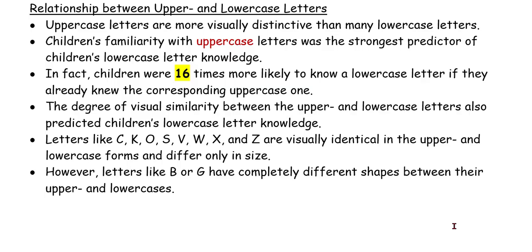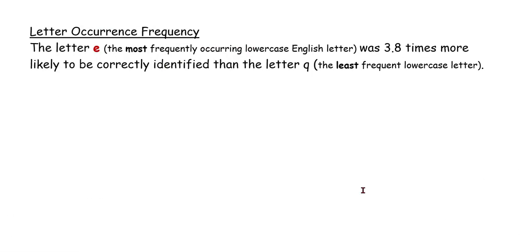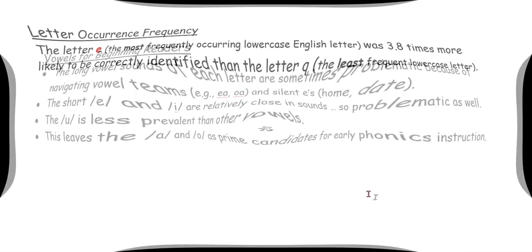However, letters like B or G have completely different shapes between their upper and lower cases. Another side note has to do with how often these letters appear to students. For example, the letter E, the most frequently occurring lowercase English letter, was 3.8 times more likely to be correctly identified than the letter Q, the least frequent lowercase letter.